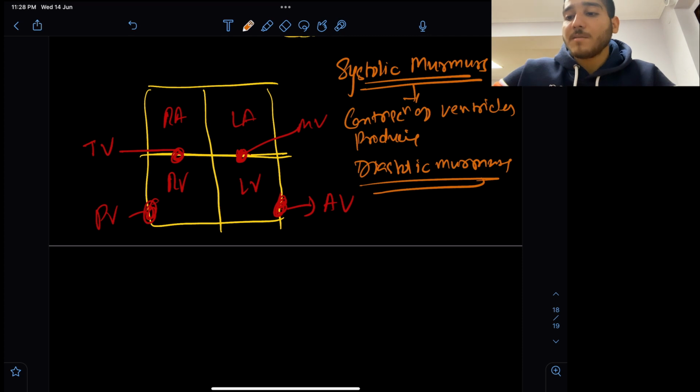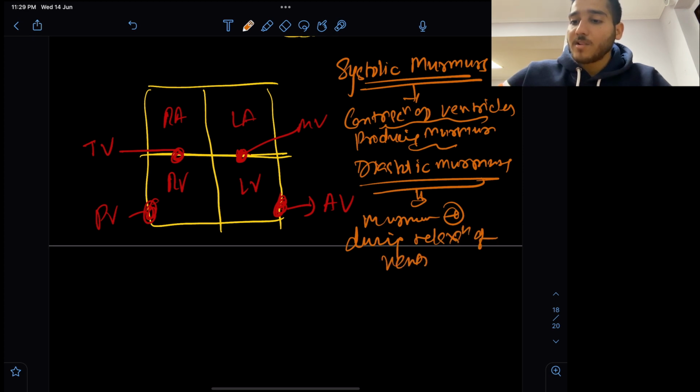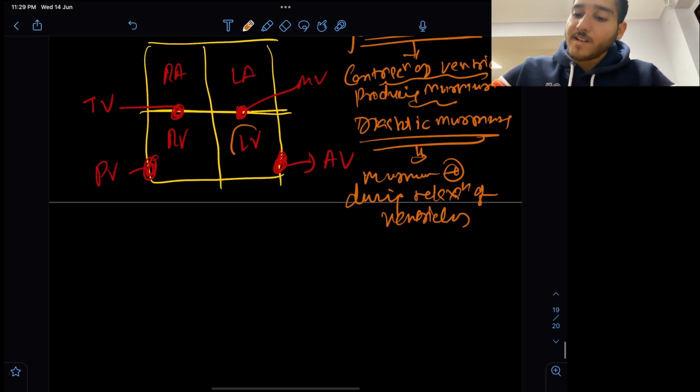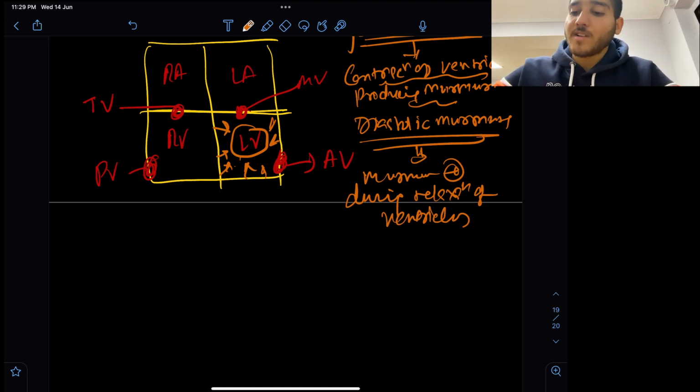If a murmur is present during relaxation of the ventricles, we call them diastolic murmurs. If the ventricle is contracting, and there's some problem in the outlet, in blood going out of the left ventricle, it will produce a murmur.